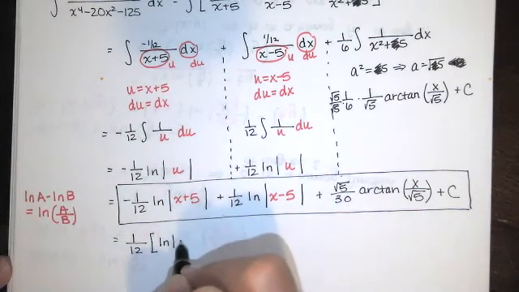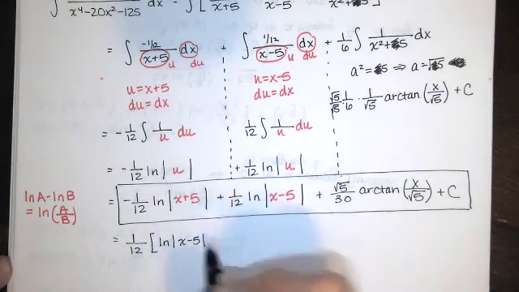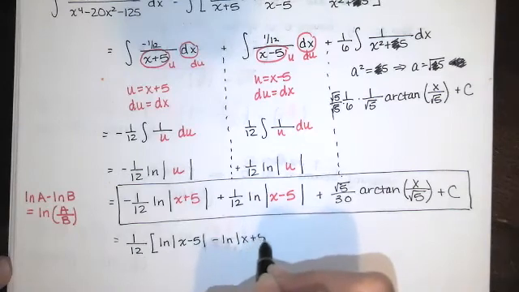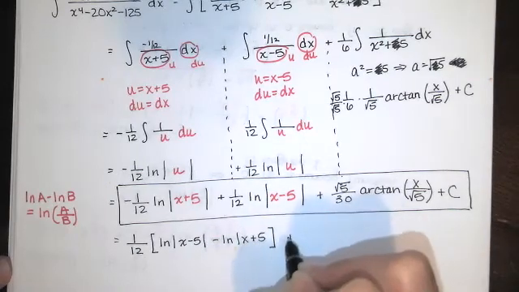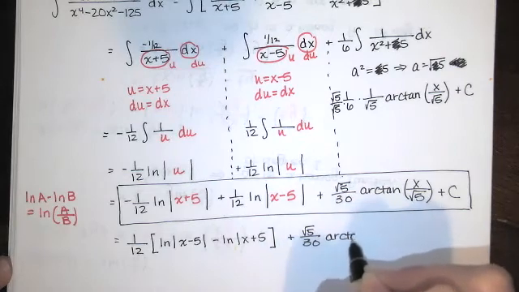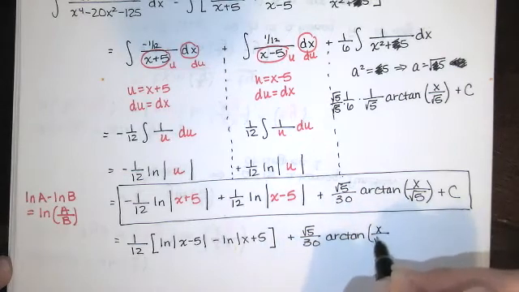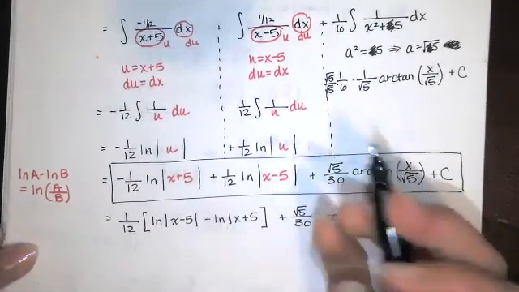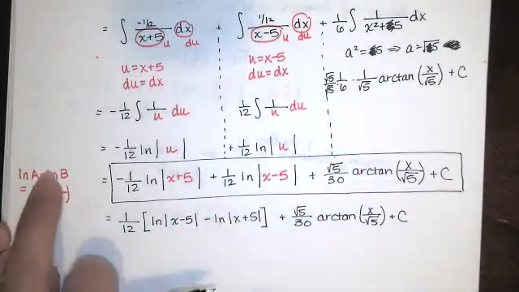So this is natural log of the absolute value of x minus 5 minus natural log of the absolute value of x plus 5 plus root 5 over 30 times arctan of x over 5, or x over square root of 5. And then this has this form.